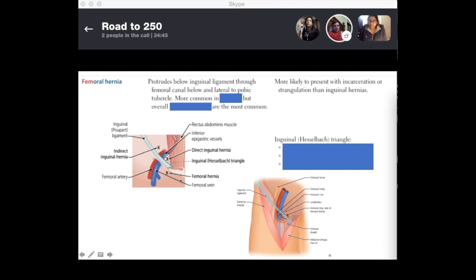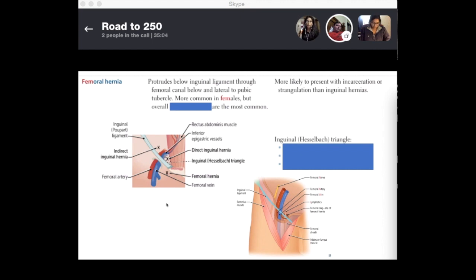So this is going to be more common in males or females? Females. Females with the femoral.